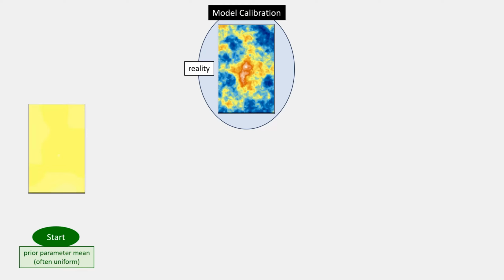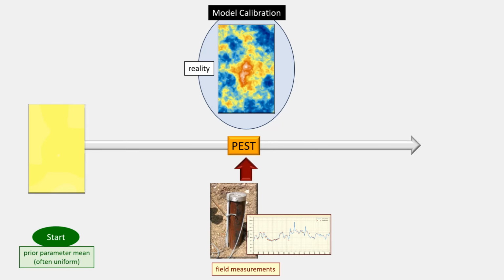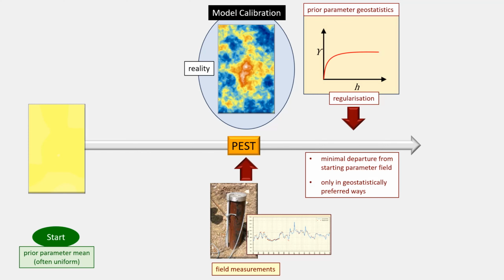So we start off with a simple parameter field, perhaps the mean parameter field from the prior probability distribution point of view. And then we say to PEST, please fit the data as well as we're entitled to fit the data. But in doing this, deviate from this minimalist, perhaps homogeneous parameter field, only to the smallest extent required to allow you to fit the data.